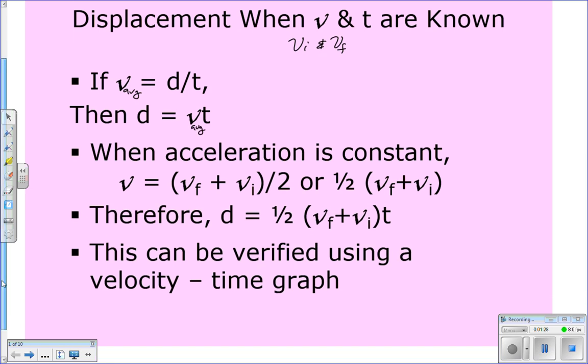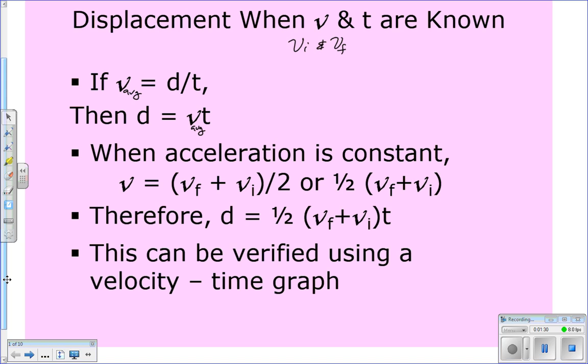Now, another way to find an average is to add up the number of things that you have and then divide by that number. So if we have an initial velocity and a final velocity, that's two velocities. So another way to find an average velocity is by adding the two velocities together and dividing by 2. Or we can express that as 1/2 of VF plus VI.